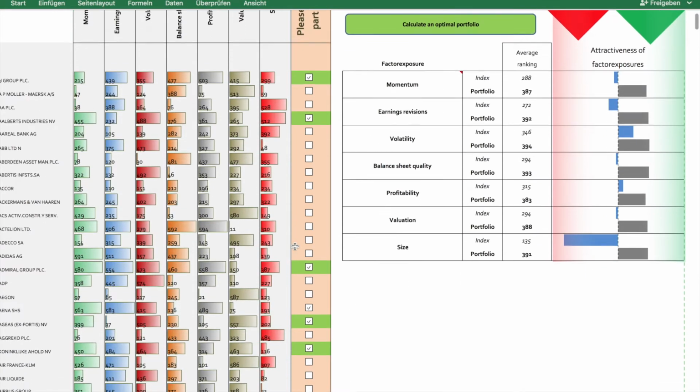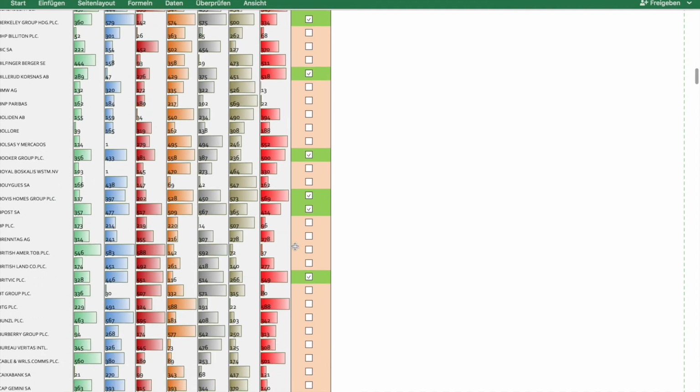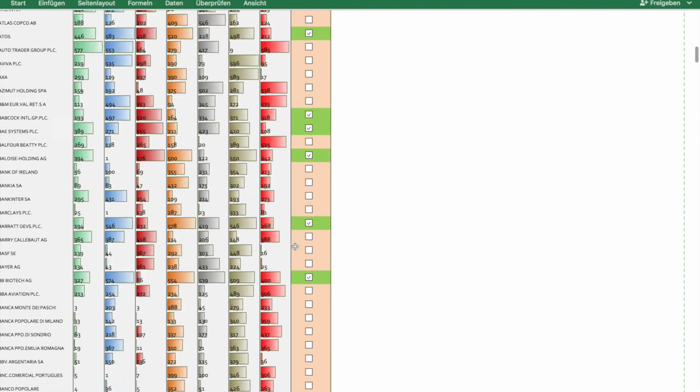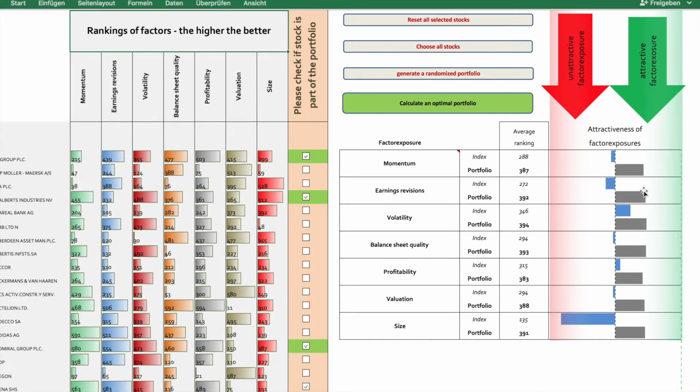And now we have actually selected 100 equities out of those 600 equities that have an overall highly attractive factor exposure towards all kinds of factors. It's homogeneous and attractive, and this could never ever be done by selecting individual stocks in any kind of classical intuitive manner. You need some kind of math to do that, and this file is basically there to prove that.